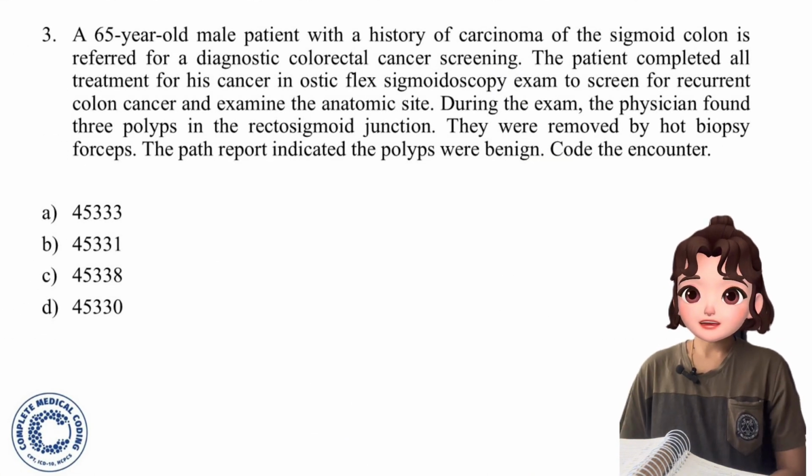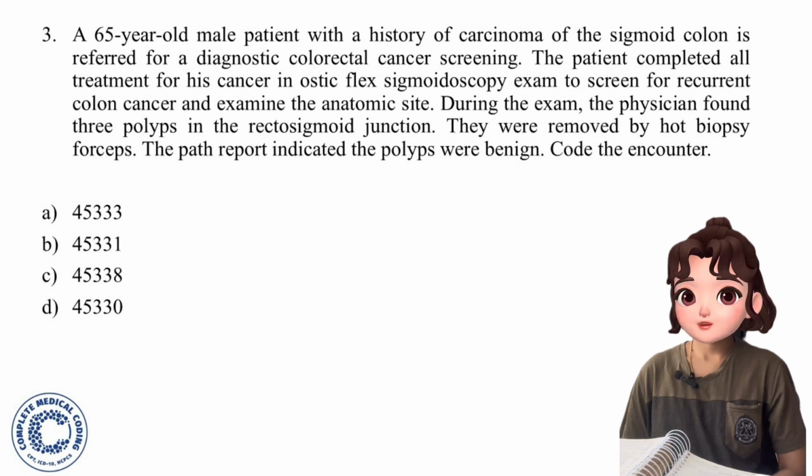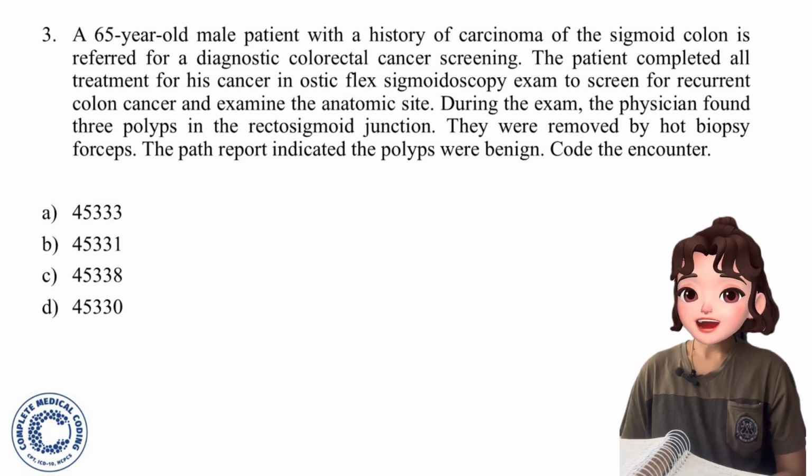Now moving to the third question. A 65-year-old male patient with a history of carcinoma of the sigmoid colon is referred for a diagnostic colorectal cancer screening. So, diagnostic colorectal cancer screening is the procedure here. The patient completed all treatment for his cancer and underwent a flexible sigmoidoscopy exam to screen for recurrent colon cancer and examine the anatomic site.